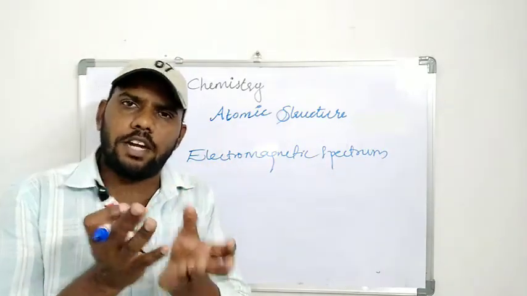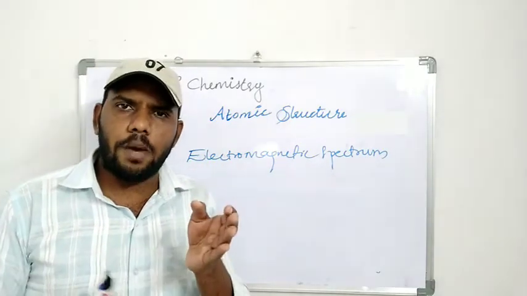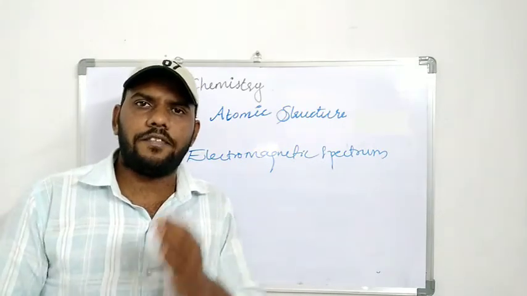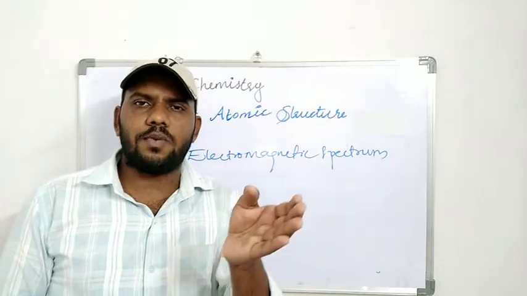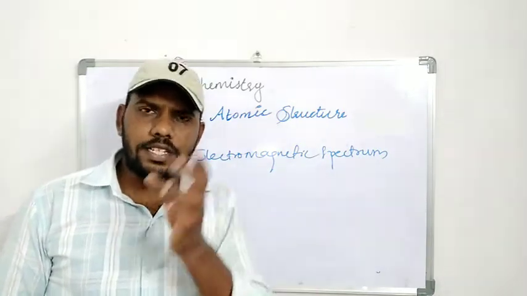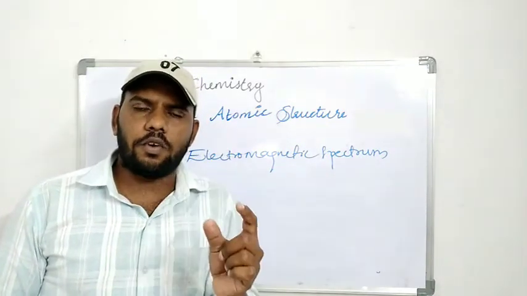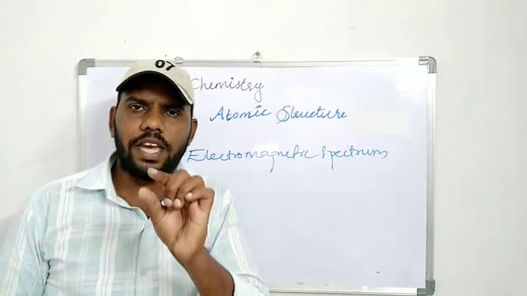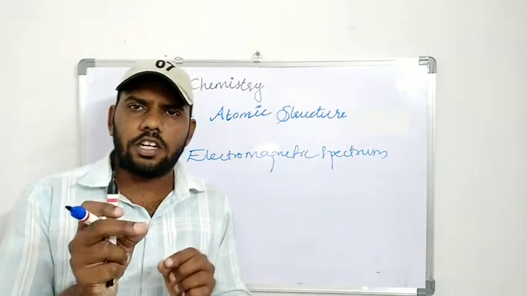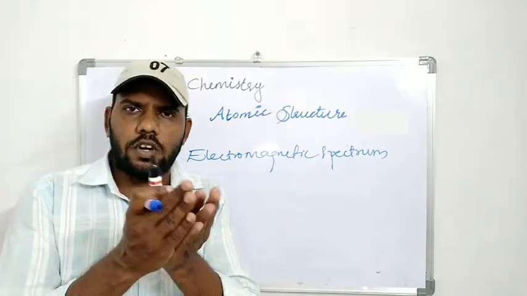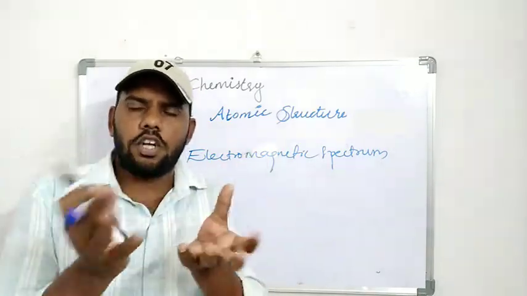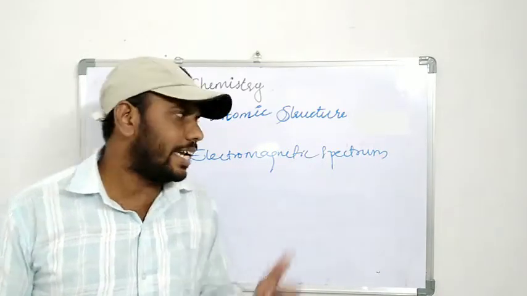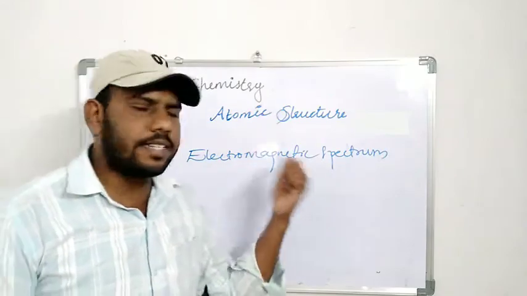Together, electromagnetic waves have a wide variety of frequency as well as wavelength, so the entire range of frequency and wavelength of electromagnetic waves is called the electromagnetic spectrum. It is clearly mentioned in your textbook.